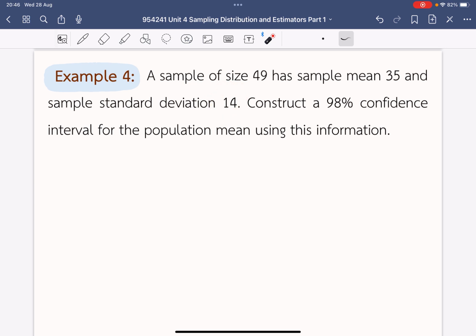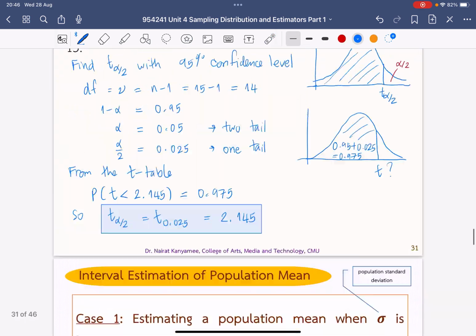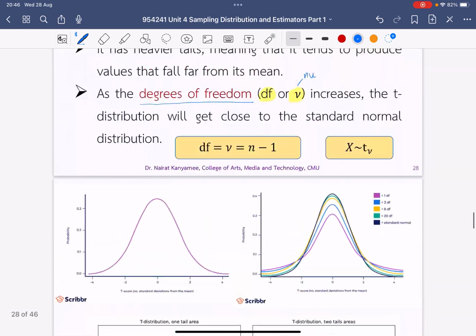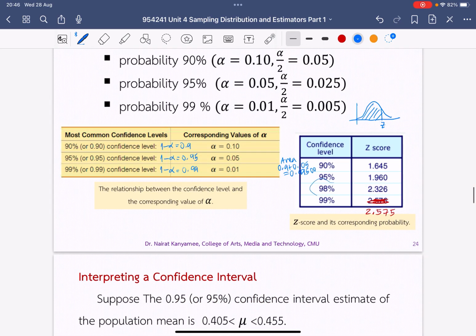Construct a 98% confidence interval for the population mean using this information. Do we have 98% in the table? Lucky us, we do.